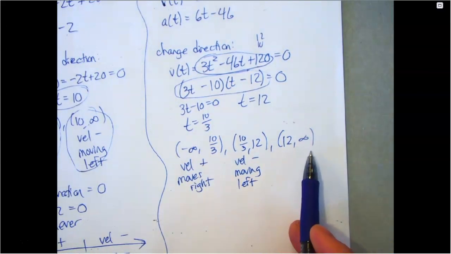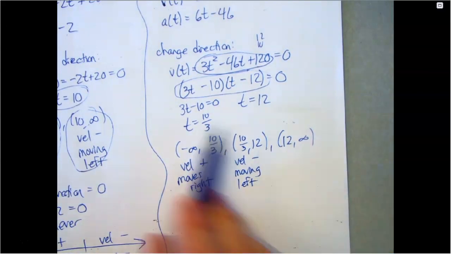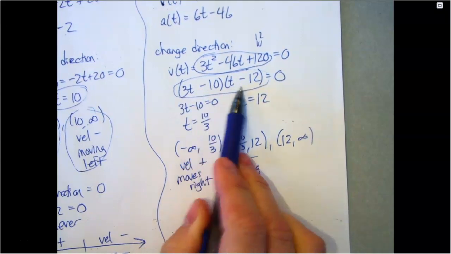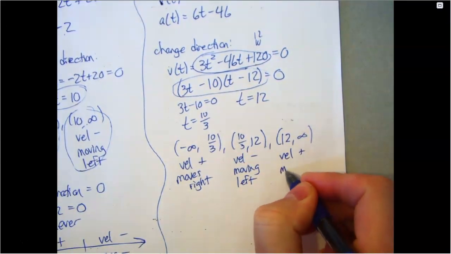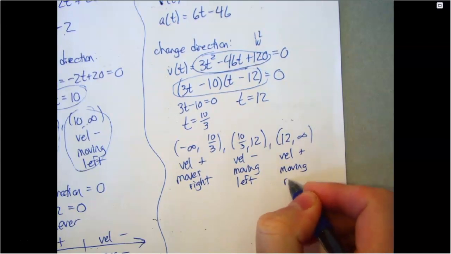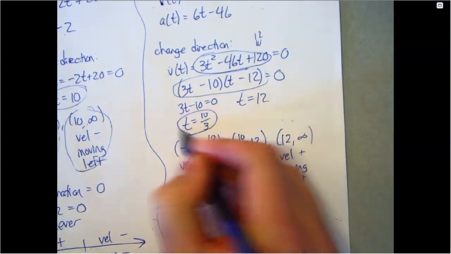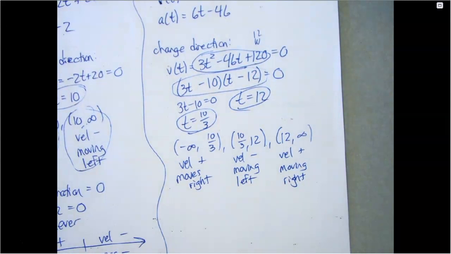Then for 12 to infinity, if I plug in 100, both parentheses will be positive. So I know when it changes direction and when it moves right and left. Good there? Yes.